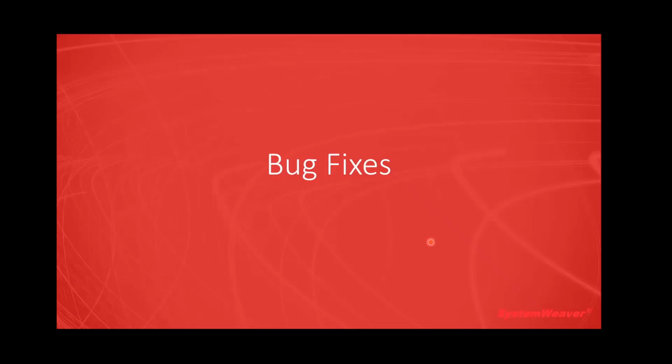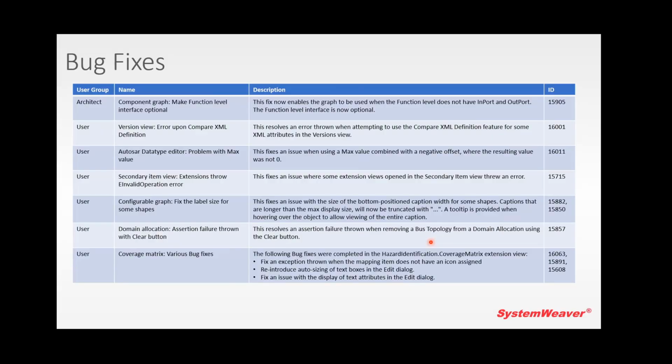As far as bug fixes, there's a few for architects in the component graph, which is a standard extension view that we always deliver. We made function level interface optional, and so we fixed that. It's no longer required. It had previously been optional.